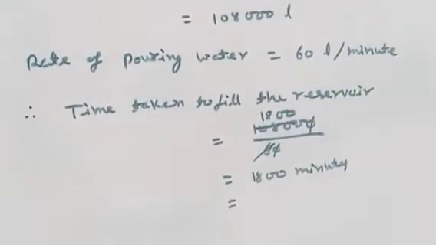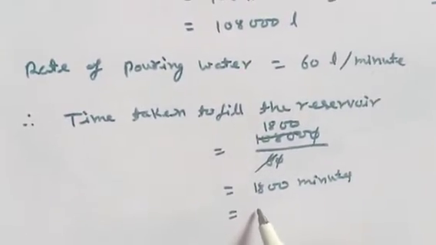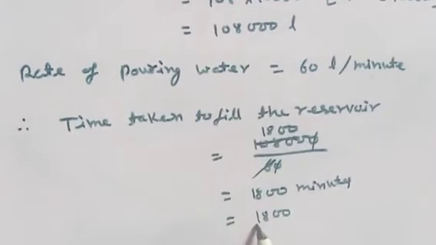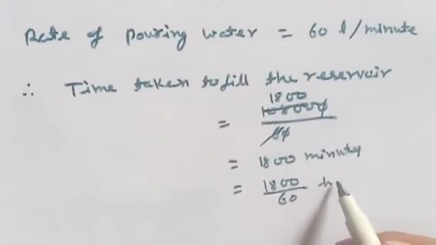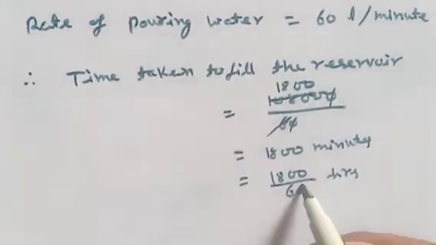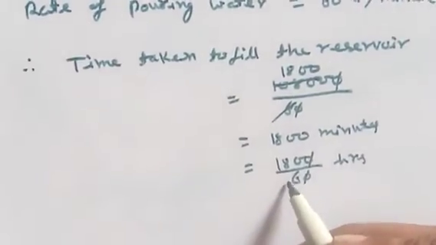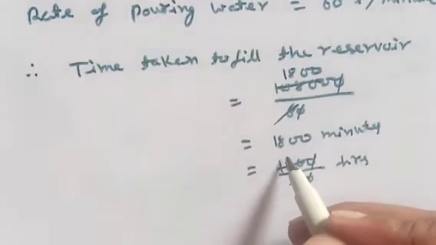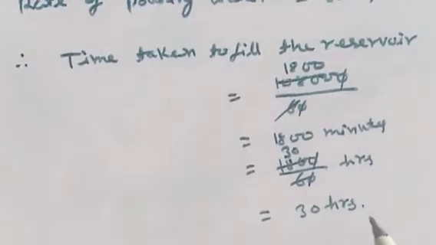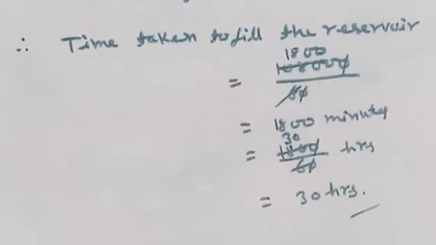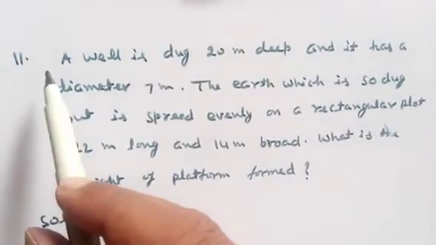We convert it in hour. We get 1800 divided by 60 hour. 0 to 0 cancel and 18 divided by 6 equal to 30 hours. This is our answer.